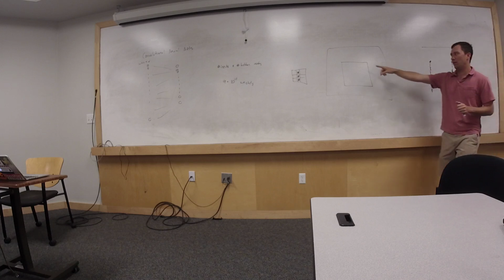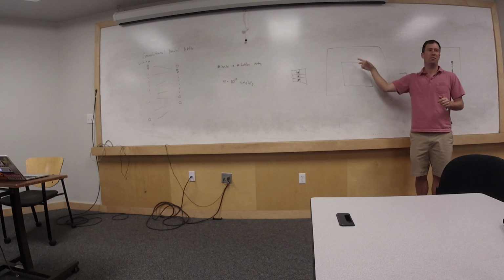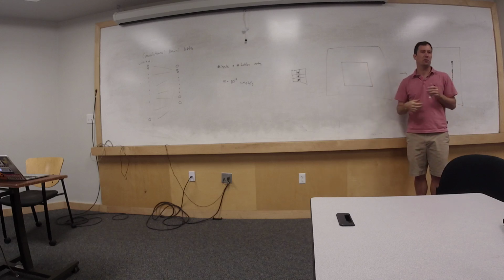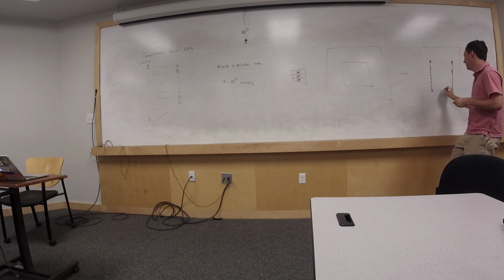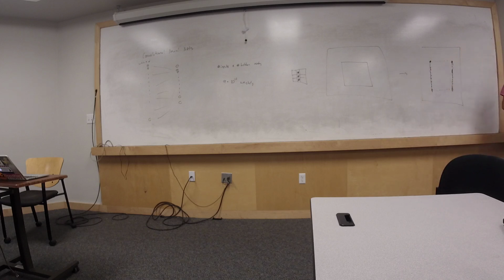This part doesn't match my filter, so my output is going to be small or close to 0. Maybe there are some points where I get a lower response, but I'm going to output high values where there are actually vertical lines in the image. So this is one filter.